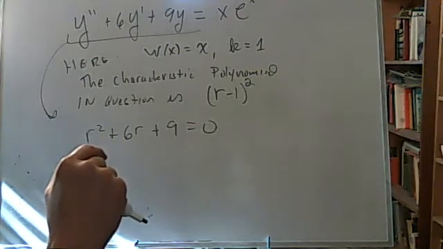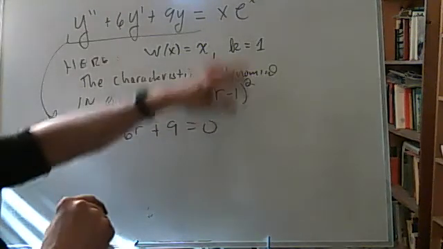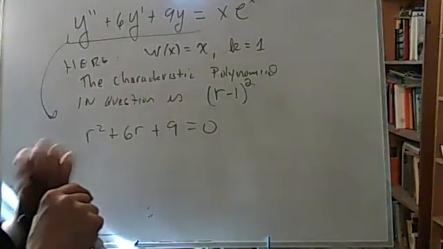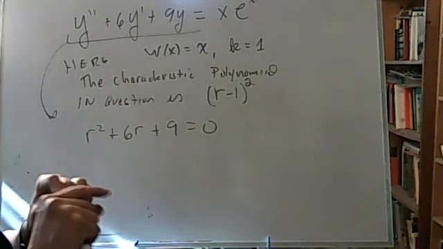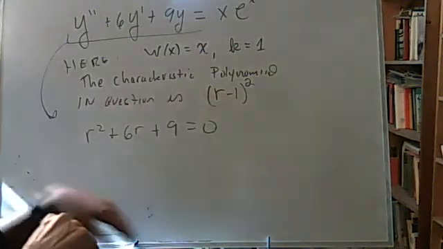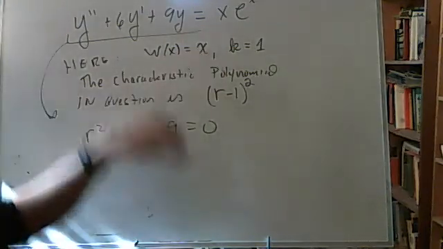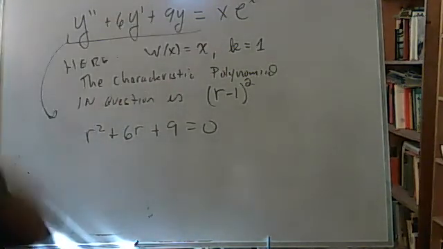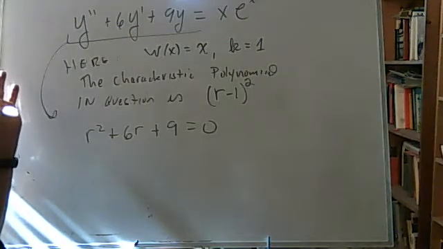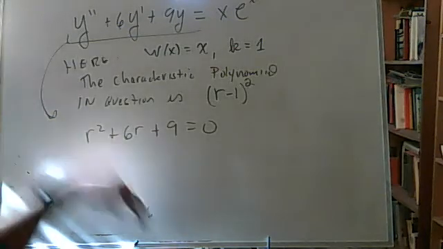And what this tells you is what you have to do to find a particular solution. You're going to be looking at solutions to this, and then once you get your candidates, you're going to dump those in here just like we did. This is going to be a bit of a mess because we'd have to multiply and do some things.